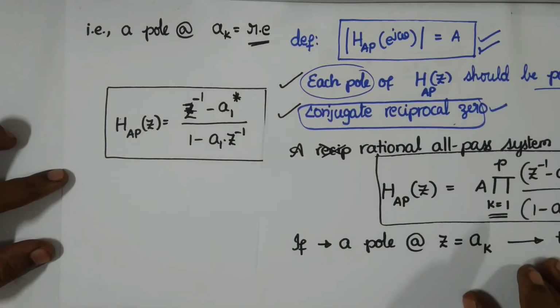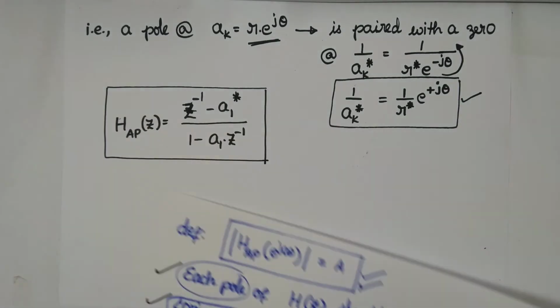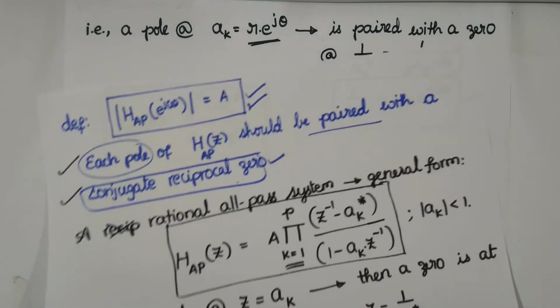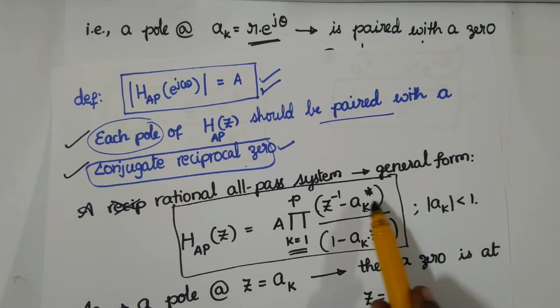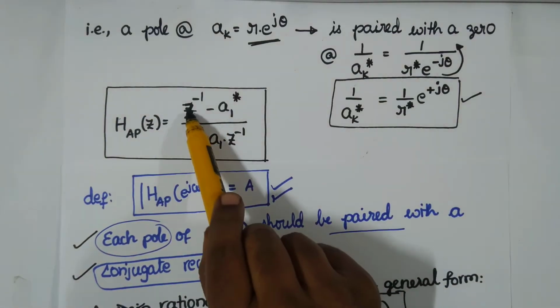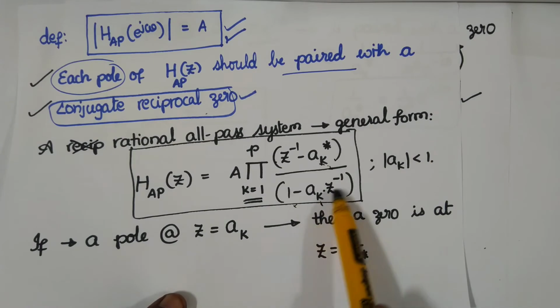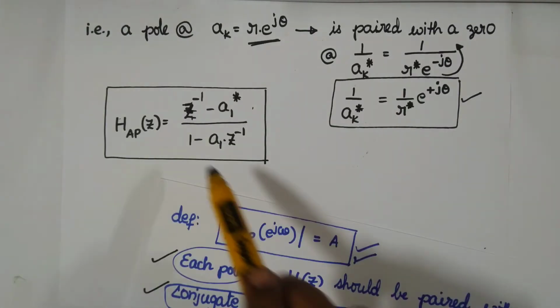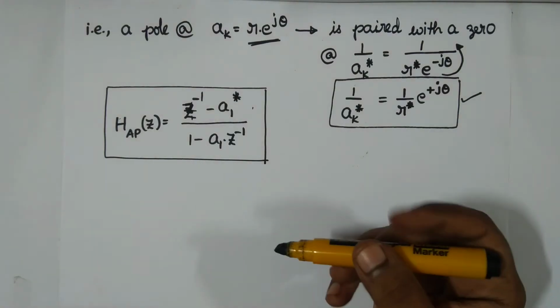You see here, let me arrange things properly. In this k is equal to 1, so z power minus 1 minus a1 conjugation, divided by 1 minus a1 z power minus 1.